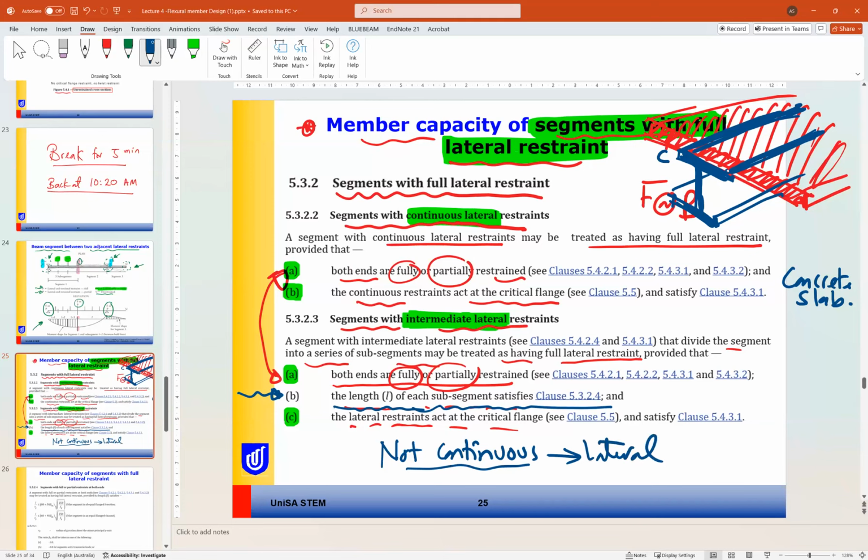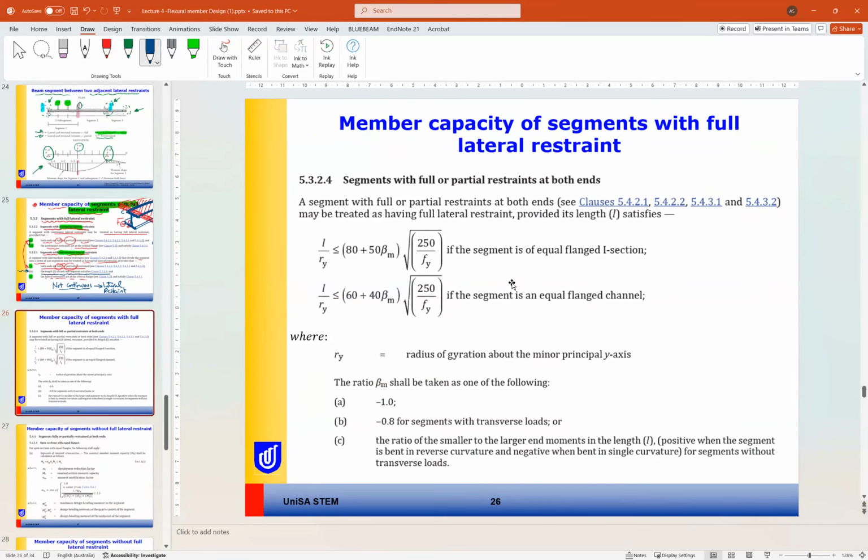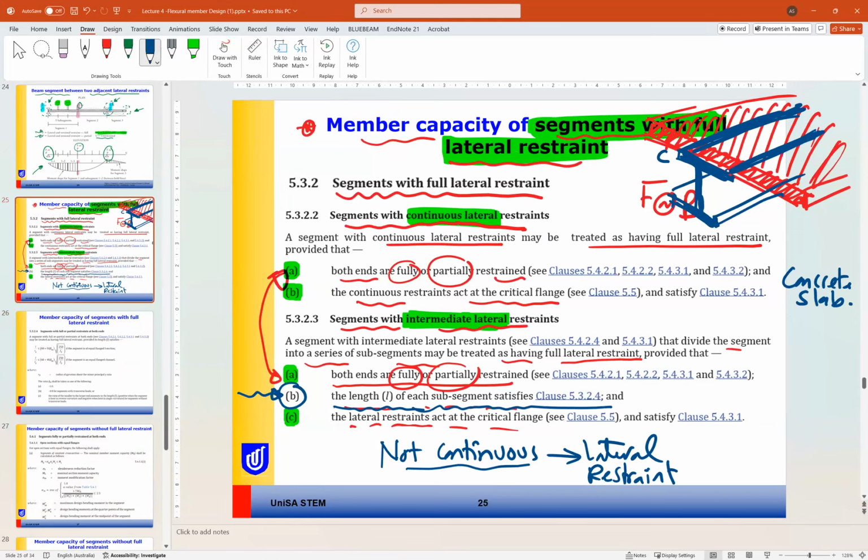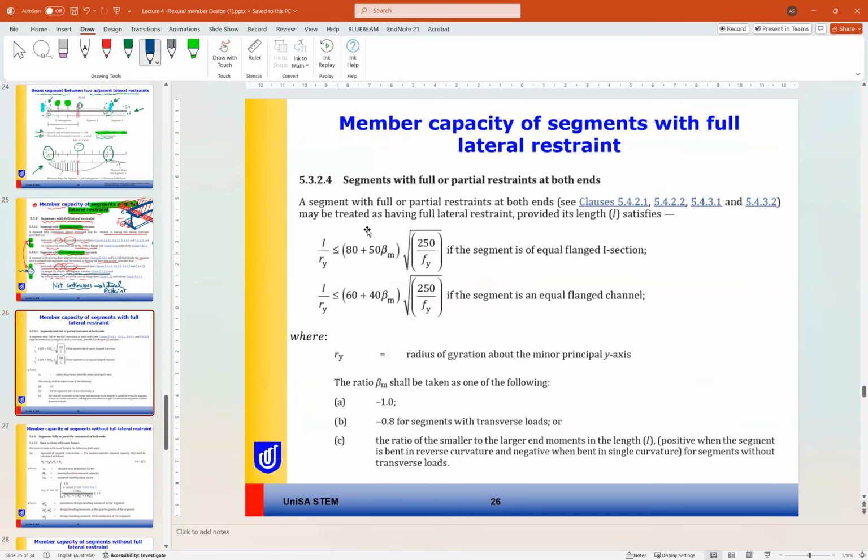So similar to the above, but not continuous. So this condition here is satisfied by this part.